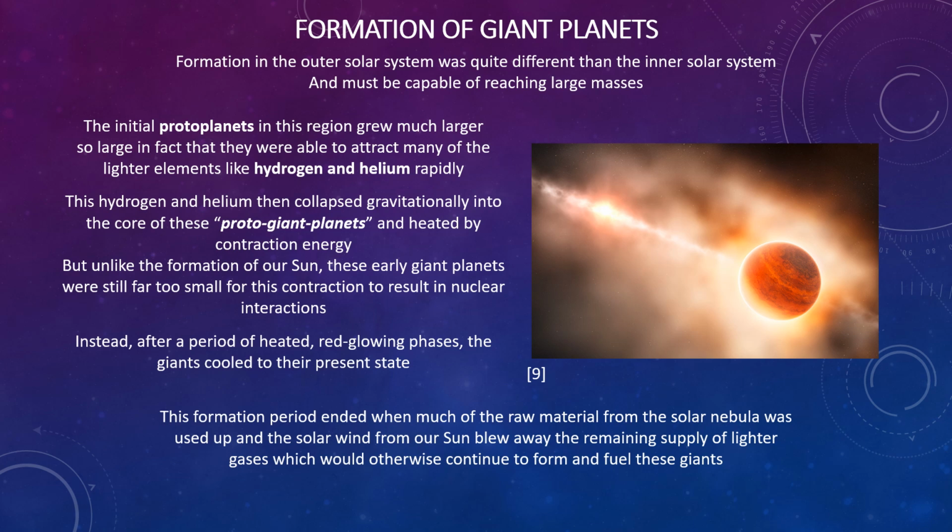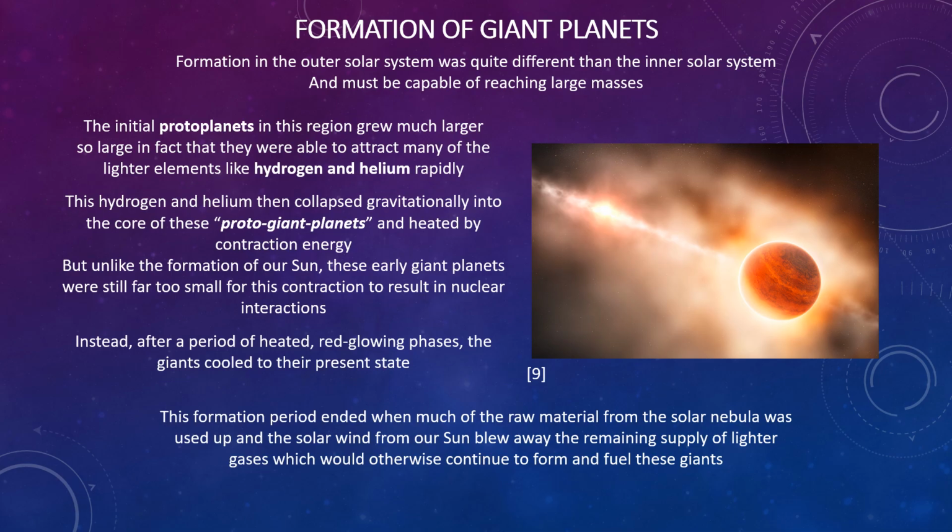But unlike the formation of our sun, these planets didn't have quite enough gravitational heat to reach the concentrations and temperatures required for nuclear fusion to happen in their cores. Instead, after a period of being heated, red glowing phases, the planets eventually cooled down to their present state.